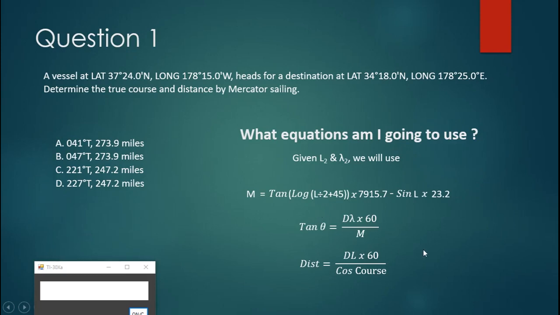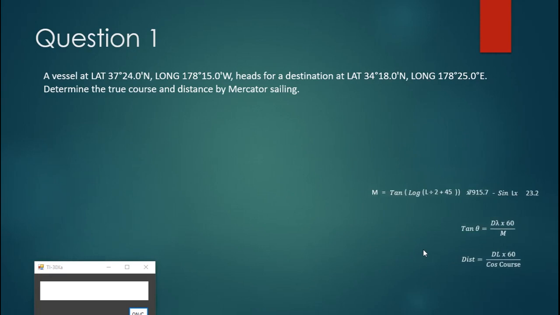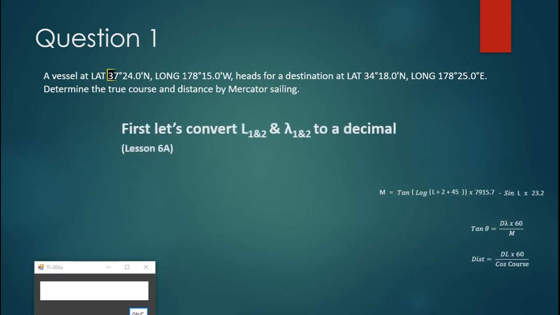And the first thing that we need to do is convert all of our lats and longs to decimals. You should be really familiar with that by now. If you haven't done lesson 6A yet, you can go back to 6A.